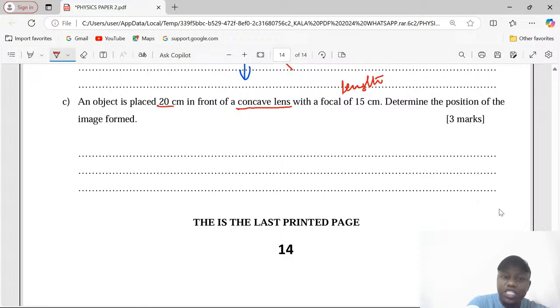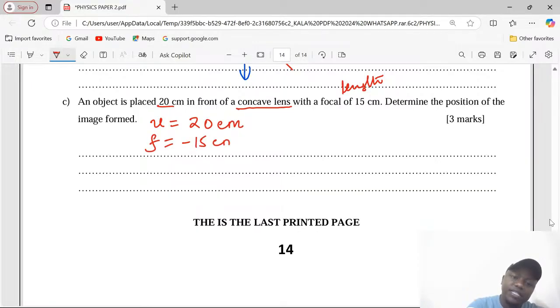The object distance is 20 centimeters. F is going to be negative 15 centimeters. Students are supposed to know that the focal length of a concave lens, which is called a diverging lens, is usually negative.